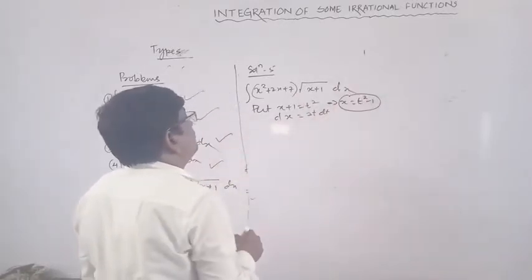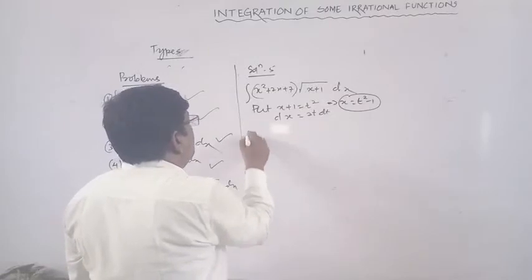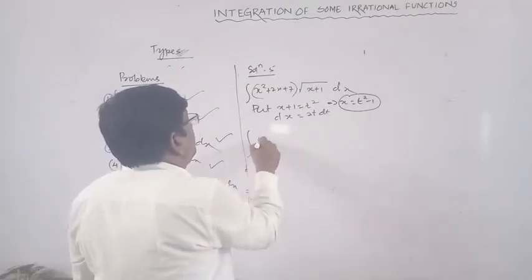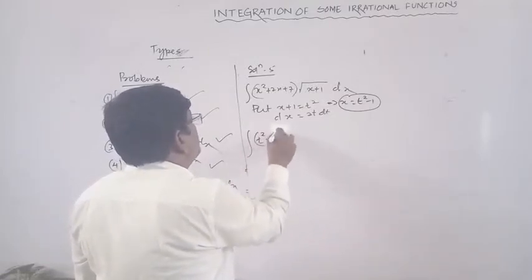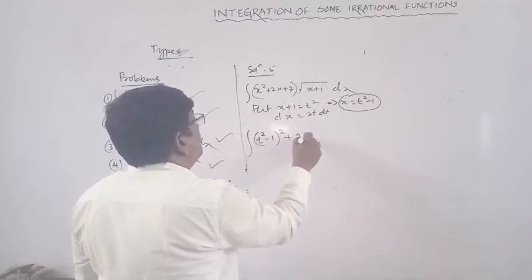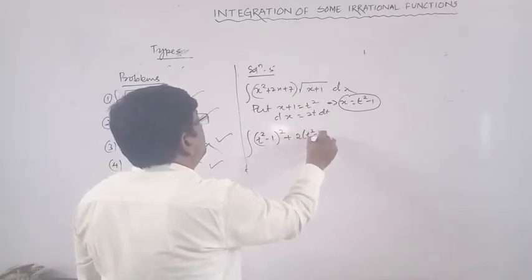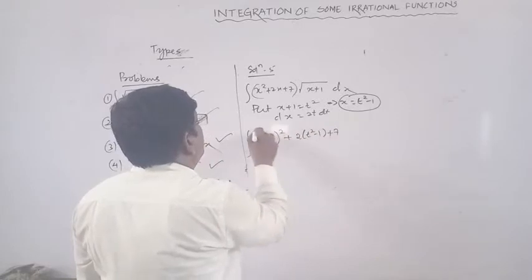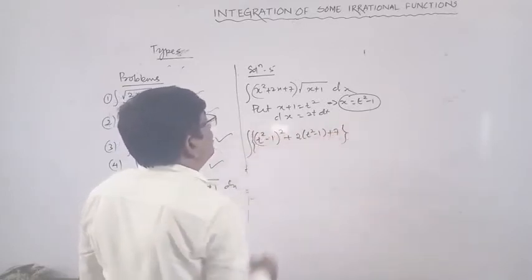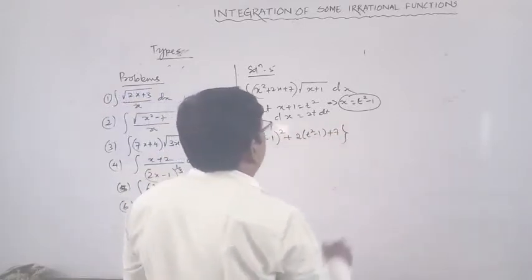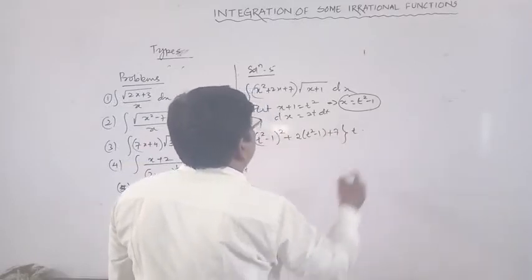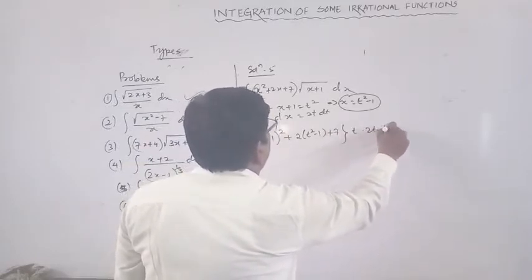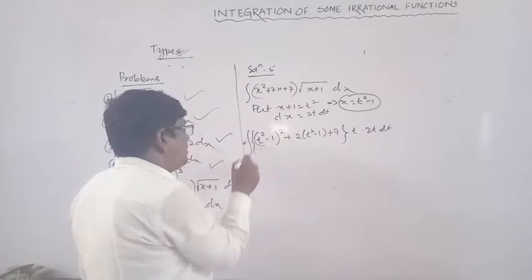Put this value of x here: integration of ((t² − 1)² + 2(t² − 1) + 7) into root over x + 1, which means t, and dx means 2t dt. Now simplify this.